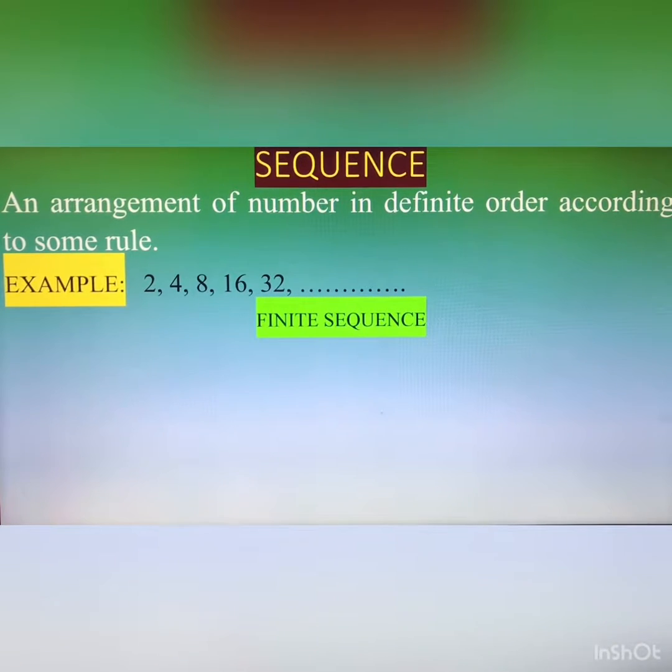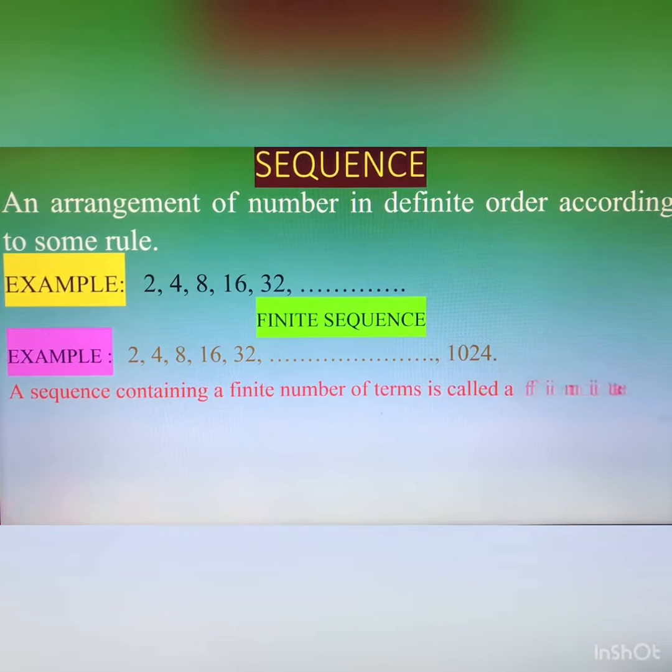Now finite sequence. If the numbers are fixed in the given sequence, then that type of sequence is known as a finite sequence. So this is an example of a finite sequence, a sequence containing a finite number of terms.